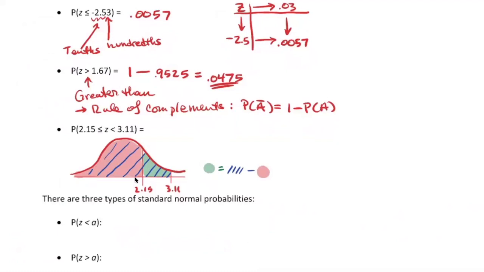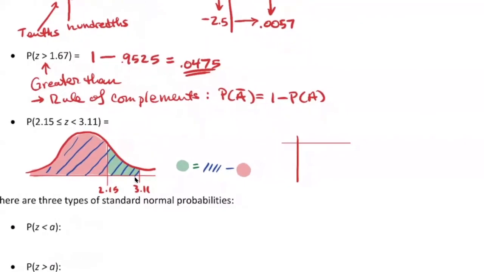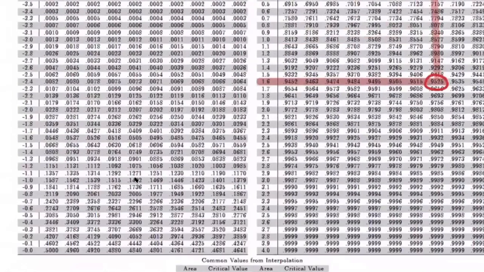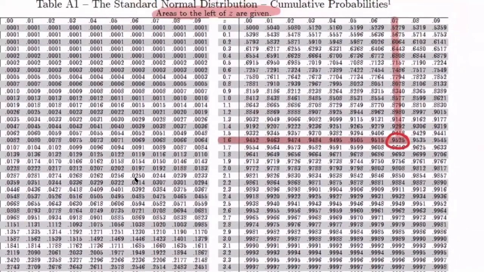So with the 3.11, you can do it first or second. I'm doing the bigger one first because that's the one you need to subtract. So for your z-score, you go down to 3.1 and then out to 0.01 like that. And let's look that up above. 3.1 and then 0.01. A little messier here.